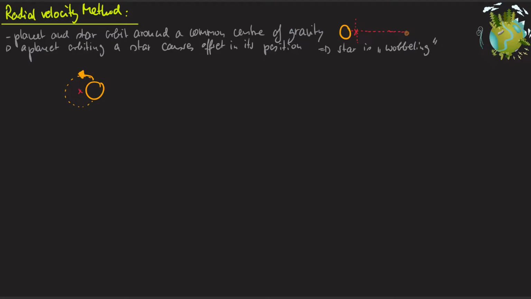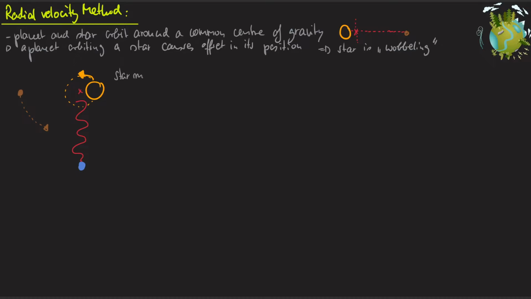The planet will be here in this case, also moving around the star. We, as an observer, this is us, this is Earth, we are observing the whole system from far away. And because it seems like the star is moving away from us in this case, we have a redshift.